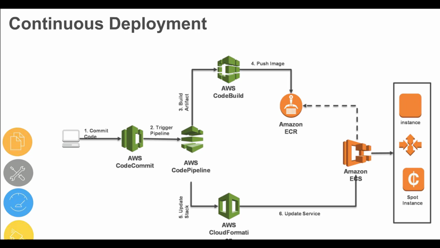For example, in this case, an image changed, and it tells Amazon ECS to update the service with the new image. And in this way, through a rolling update mechanism, all the copies of that task or service get the new image out of the box. And the continuous deployment pattern that we see here addresses almost all of the 12-factor app concerns.